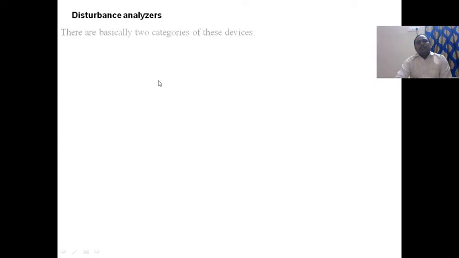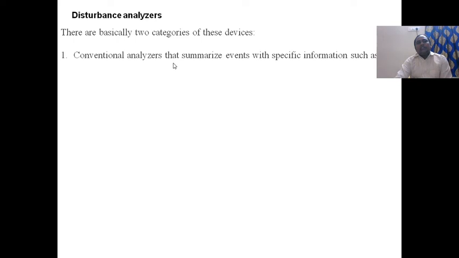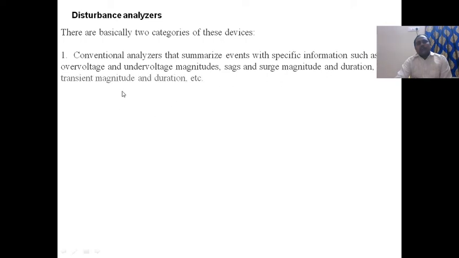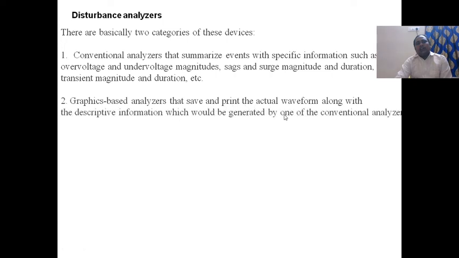Disturbance analyzer. There are basically two categories of these devices. Conventional analyzers summarize events with specific information such as overvoltage and undervoltage magnitude, sag and surge magnitude and duration, transient magnitude and duration, etc. Graphic based analyzers save and print the actual waveform along with the descriptive information which would be generated by a conventional analyzer.